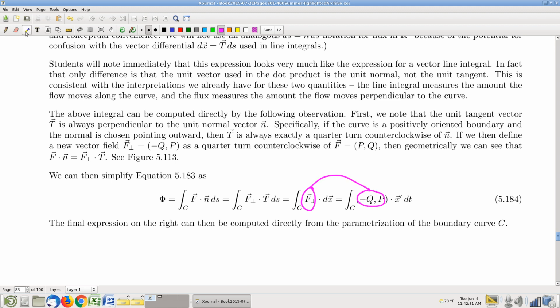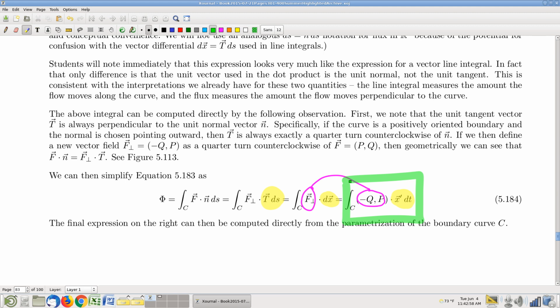Having rewritten F dot n as F perp dot T, notice that I find myself with T ds, which is dx, which is x prime dt. And now it's off to the races. I have a nice, crisp formula here. I'm going to do a good old, plain old vector line integral.